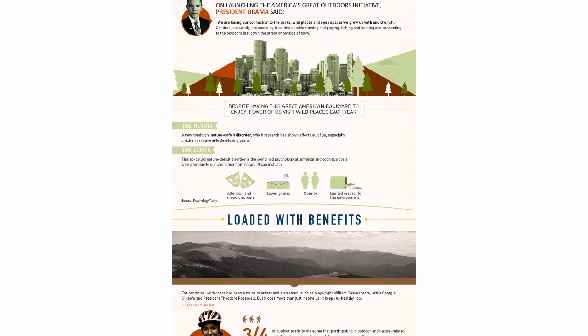So maybe one of the last things to talk about here is that there are so many types of infographics. We just looked at a lot of different ones, and a lot of them can be considered pretty, and some infographics can be hard to read because you don't know where to start.